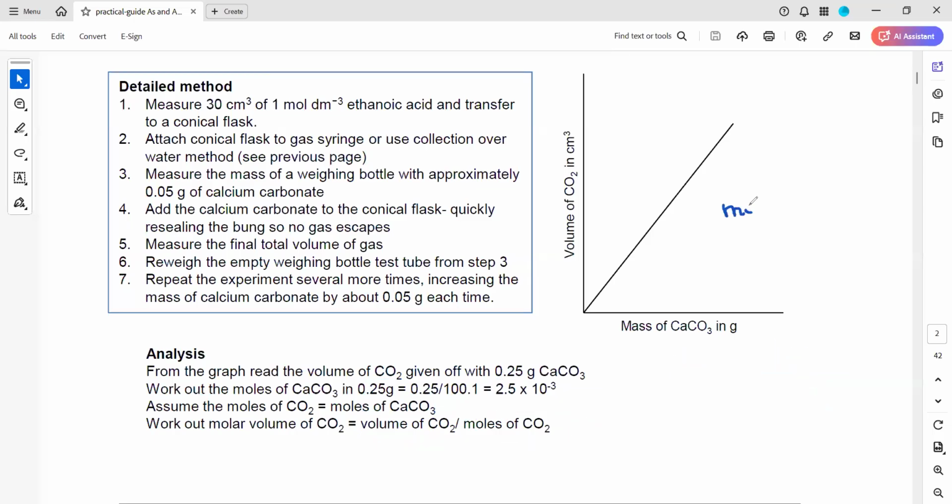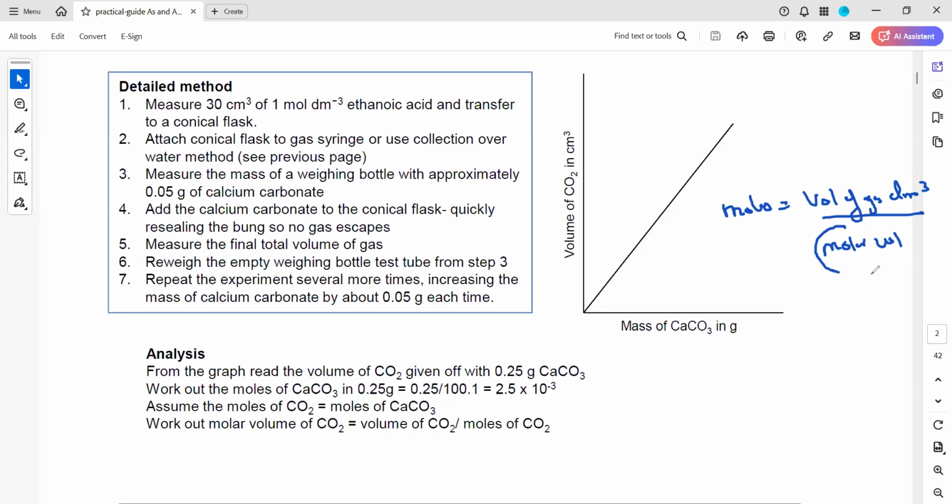The actual formula is moles of a gas equals volume of the gas in decimeter cube divided by molar volume. Molar volume means the volume of 1 mole of a gas. Usually molar volume at room temperature, 298 Kelvin, and 1 atm, is 24. So that's why we directly write 24.